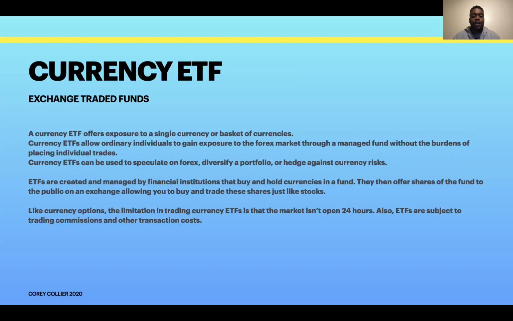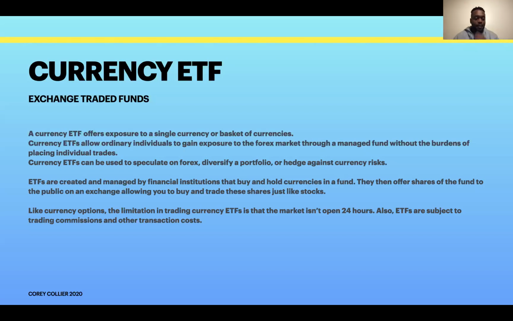This is when you get into account management, corporations, private hedge funds and things of the sort. Currency ETFs can be used to speculate on Forex, diversify a portfolio, or hedge against currency risk.